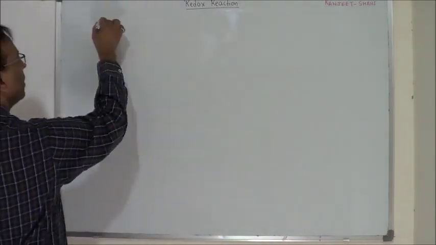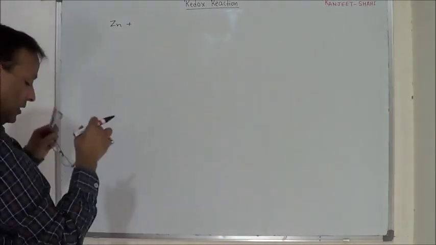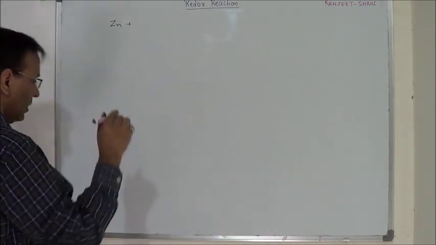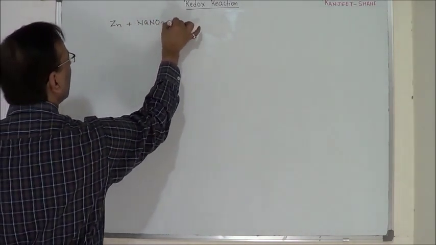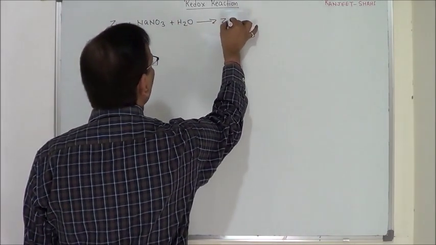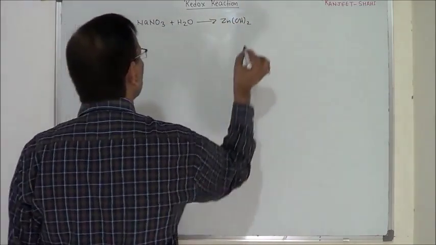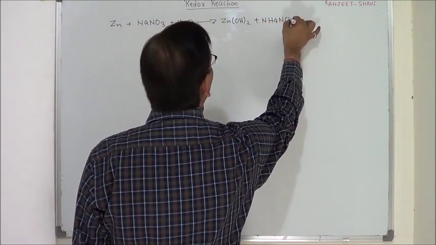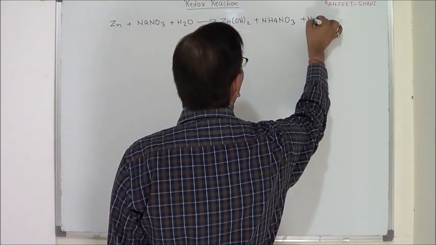Let us take balancing of zinc with NaNO3 in water giving Zn(OH)2 plus NH4NO3 plus NaOH.